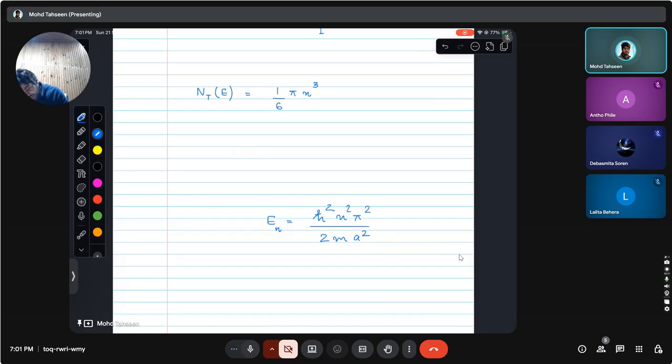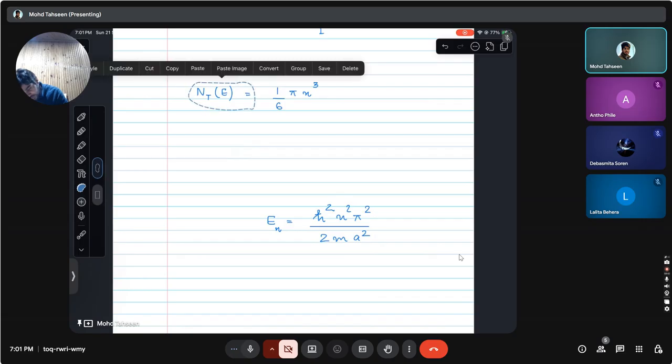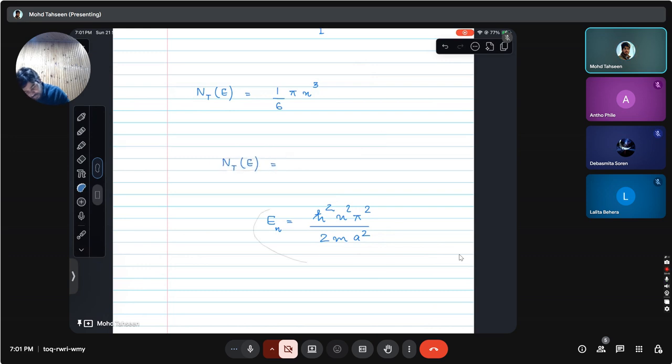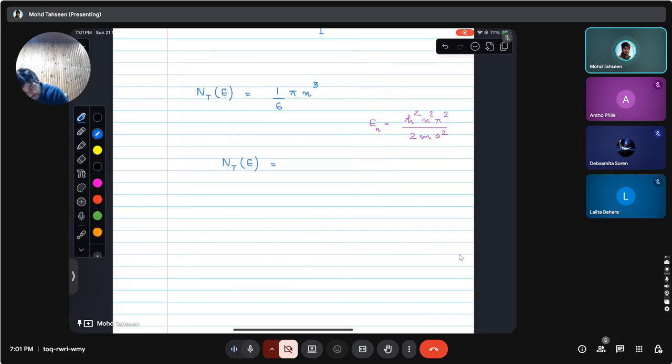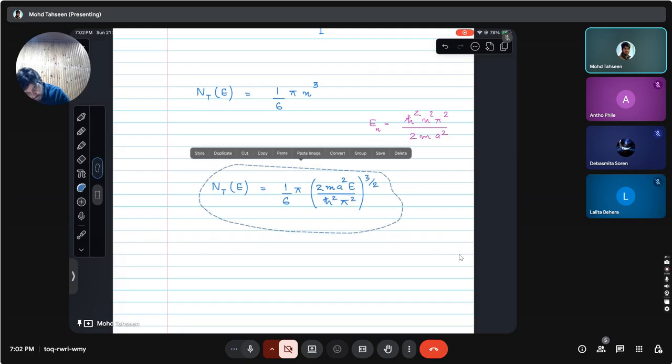So let me just write the final expression. This would be equal to 1 by 6 pi, and then n will be equal to 2ma square E divided by h cross square pi square, all to the power 3/2.